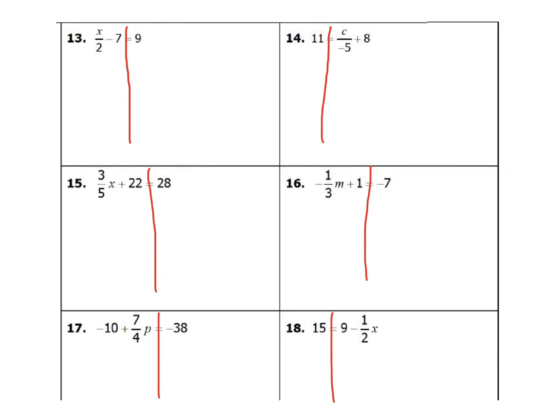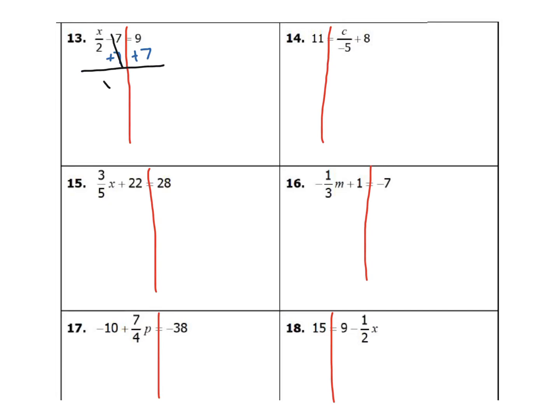However, I can still do the process the same. So I'm going to go ahead and I see this minus 7 is the furthest away from the x, but on that same side of the equation. Okay, so I'm going to start out by adding 7 to both sides.